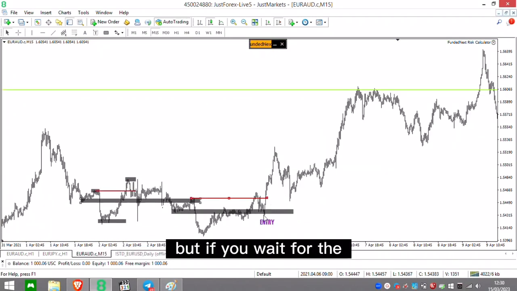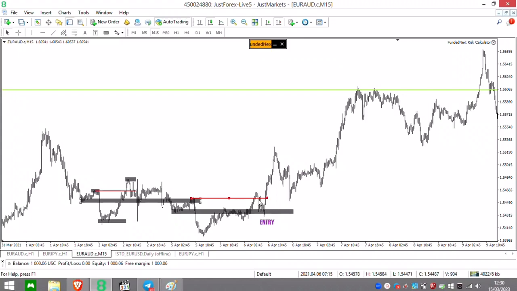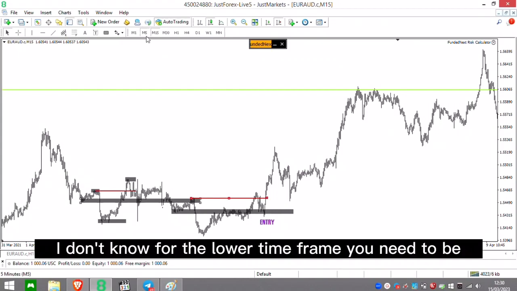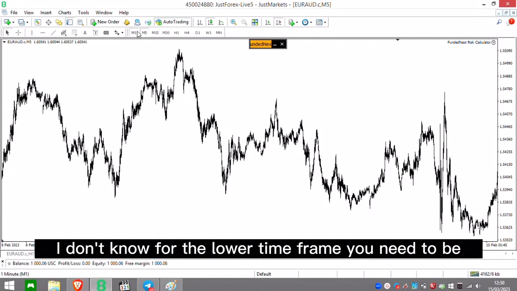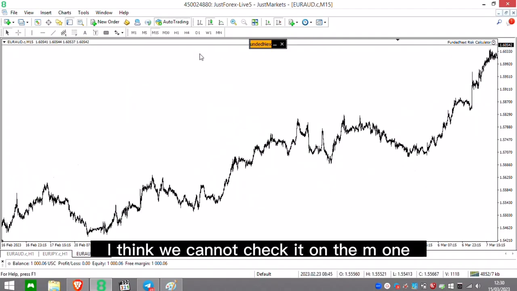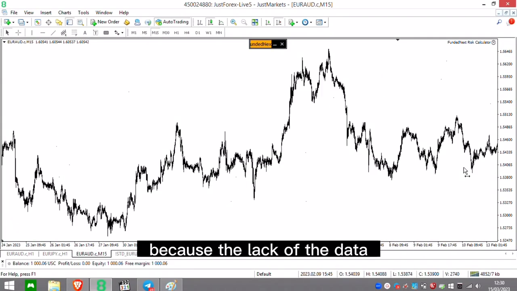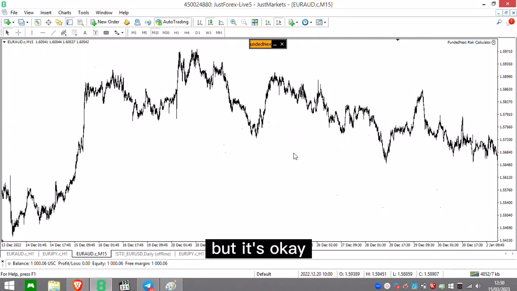But if you wait for the lower time frame, we cannot check it on the M1 because the lack of the data, but it's okay.